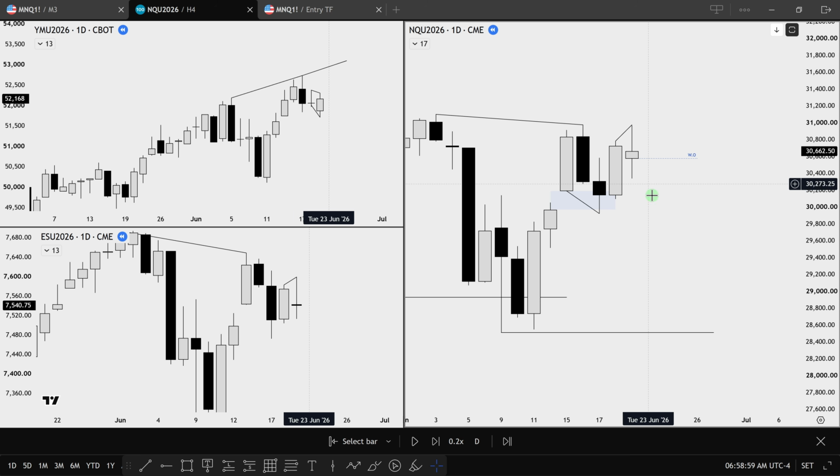Now, with that idea in mind, how could we have traded this day, if not to this high, at least to the previous day's high, right? So the day opens low first and then expands higher to sweep this high. Basically, now we're going to annotate and analyze this day, even though it was a reversal day.